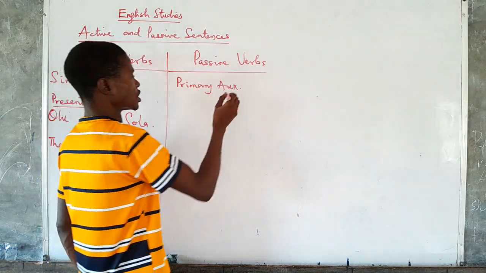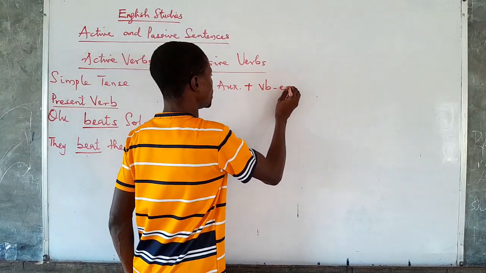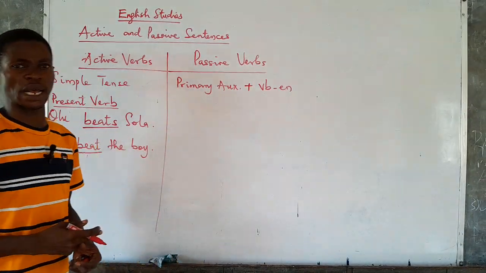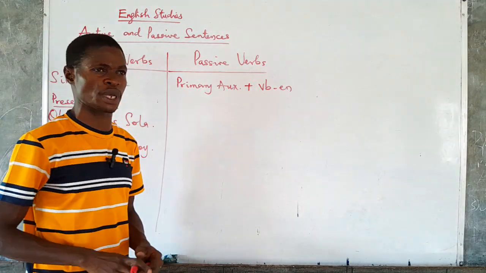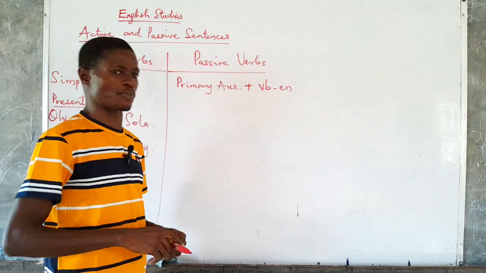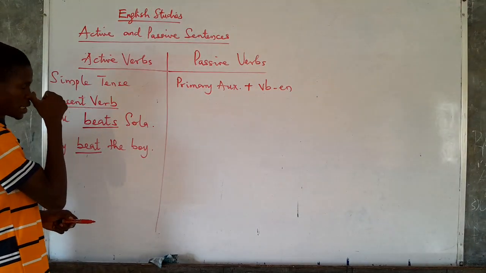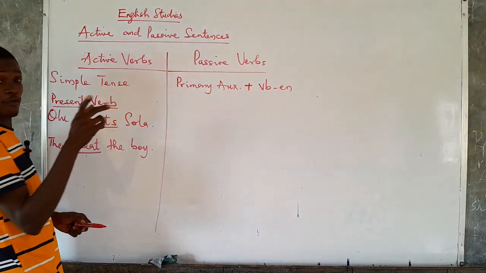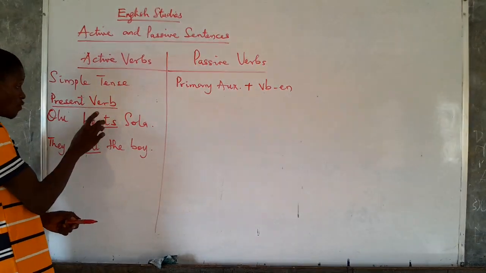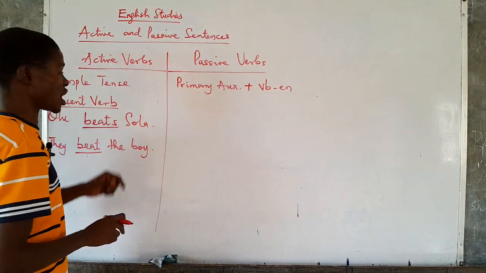What will follow primary auxiliary? It will be plus verb-en. Do not forget the last time we talked about verb-en. We said verb-en happens to be the past participle of a verb. Meaning that we are going to use a primary auxiliary for this one, and we add a verb-en version of the lexical verb used here to arrive at our answer.